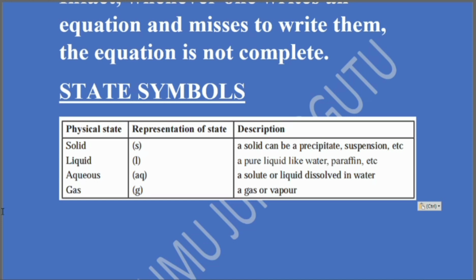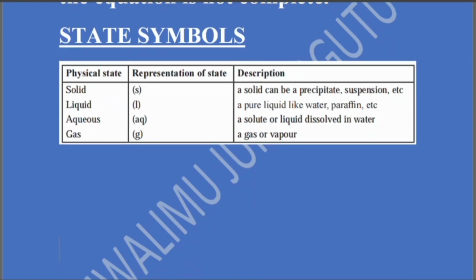After having written the symbols of each element, the reactants and the products, correctly, then we write the physical state of each of the reactants and the products. Then finally we come to balancing the chemical equation.